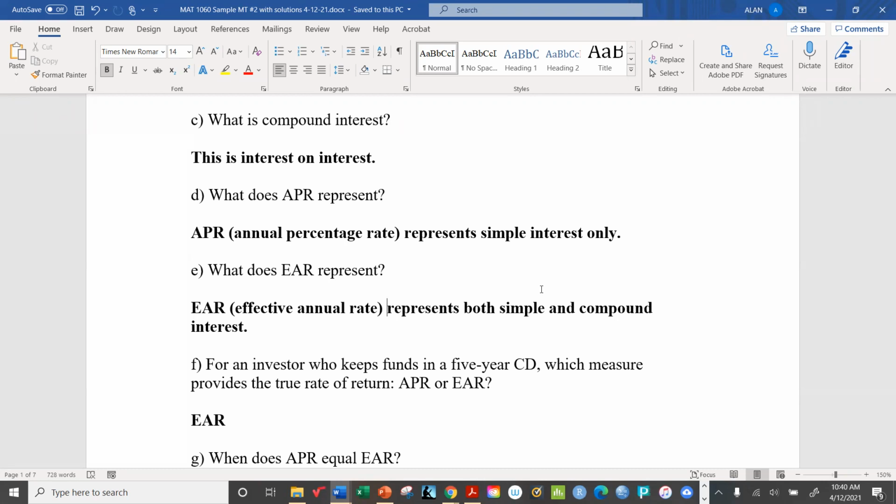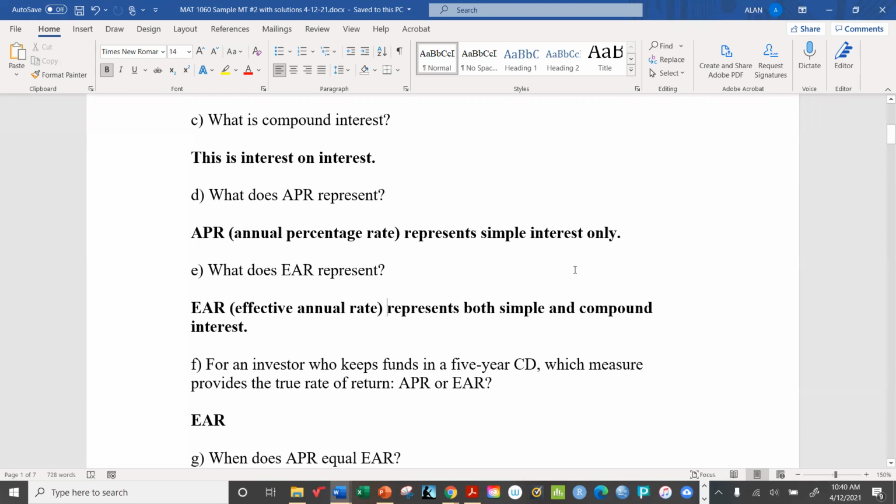So it's really the EAR that tells us what we need to know, which is how much interest we're earning every year, including both simple and compound interest. Many banks show both APR and EAR, but the ones who only show a single number, that would typically be the EAR, because that's the amount that really matters. So if you only see one number, it's probably the EAR.